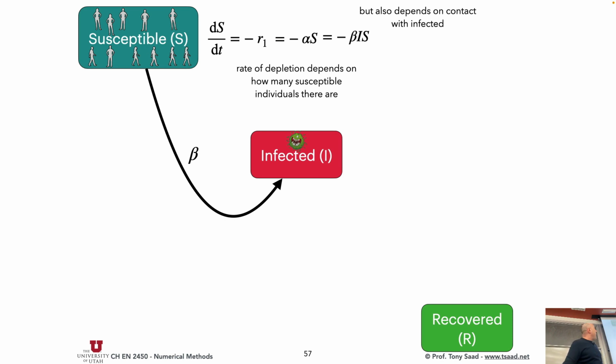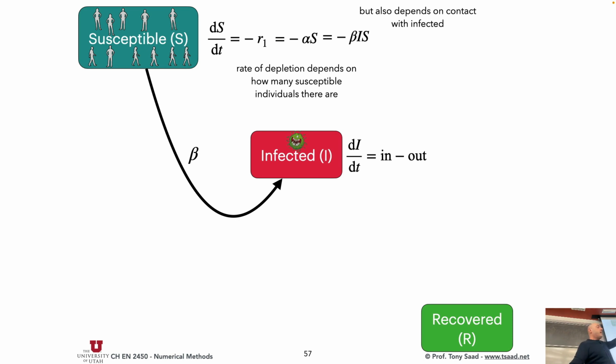Now with the infected: from the susceptible, we only have one way out. There's nothing going back in because we assume once you're recovered, you have permanent immunity, so there's no way for recovered people to become susceptible. You can make that model if you want, but right now we're not going to do it. But for infected people, there are people becoming infected.